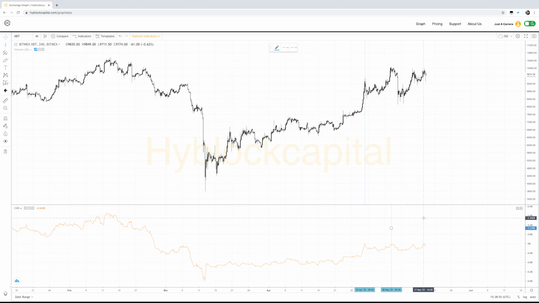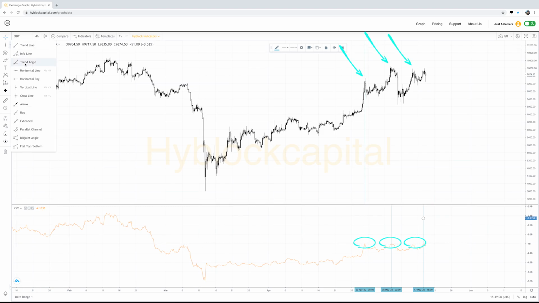And it was telling me that each one of these was basically a price peak. And so we can see here, a spike in CVD, right? And we can start to put our chart tools into play here, and we can put a vertical line there, and we can see that each time it actually was a nice market top, right?